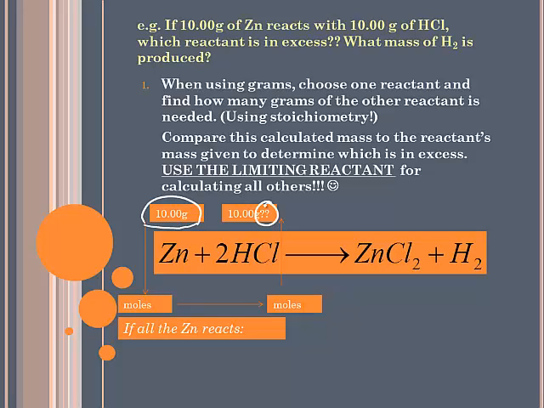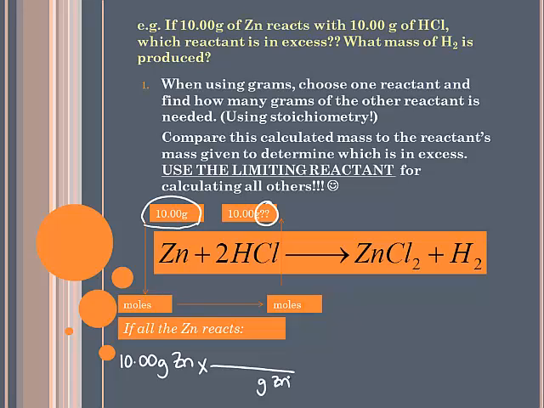So I set up my little flow chart, and like you've been doing before, I know that if I have 10 grams of zinc, that's always my starting point. When I hit an arrow, I draw an X and a line, and the unit that I'm going from, grams, goes on the bottom. This is grams of zinc.